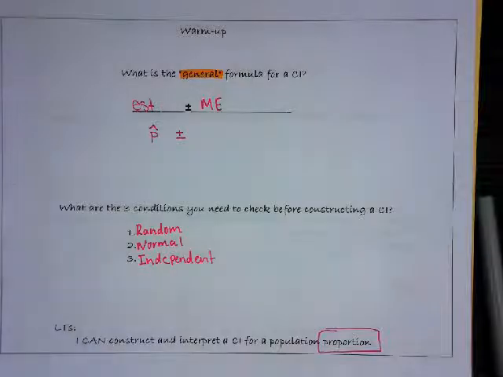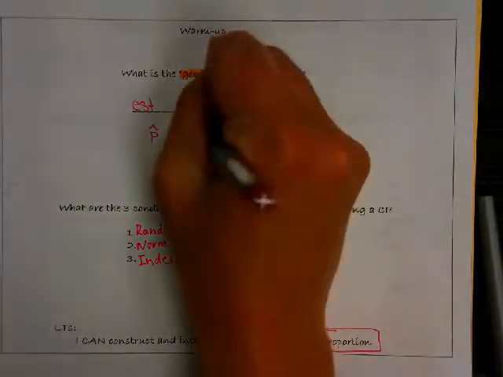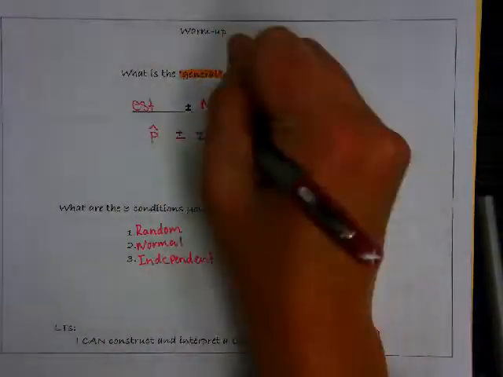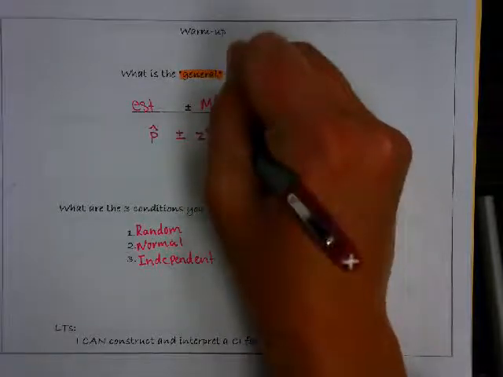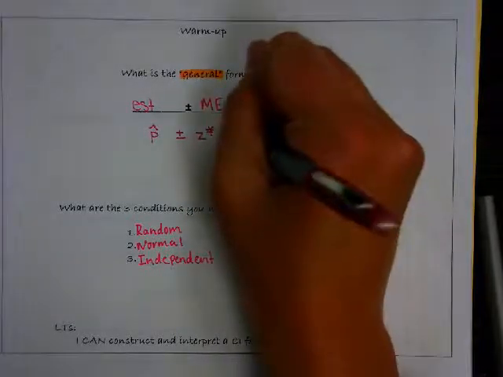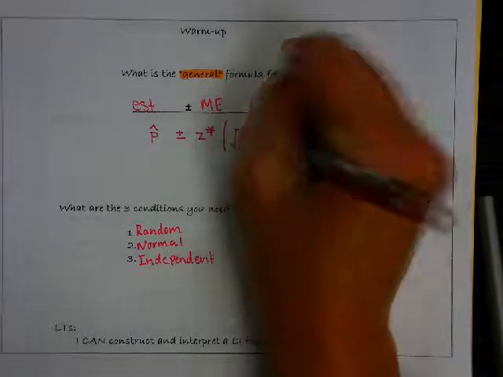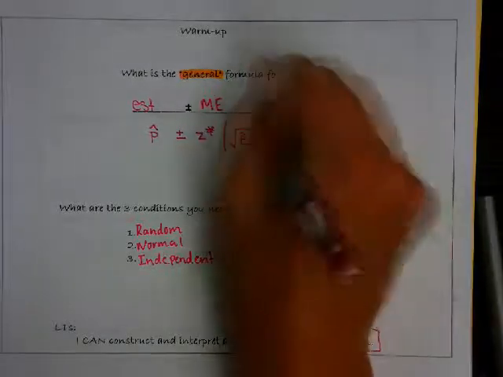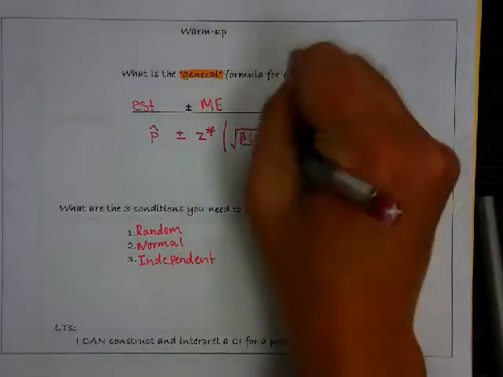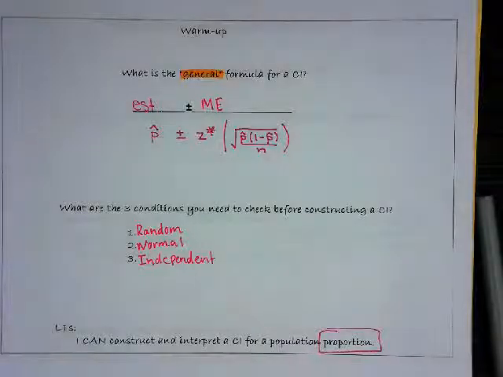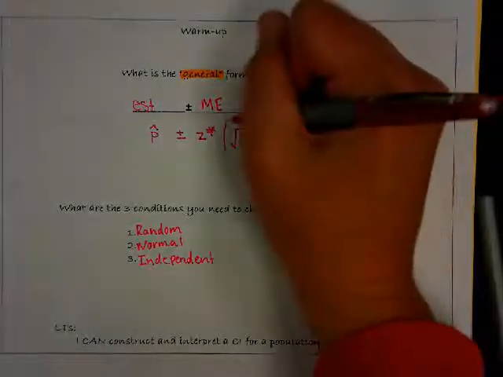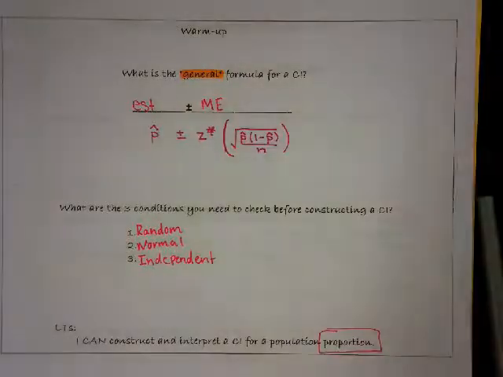And our margin of error comes from our z star times the standard error, which would be p hat times 1 minus p hat divided by n, square rooted.